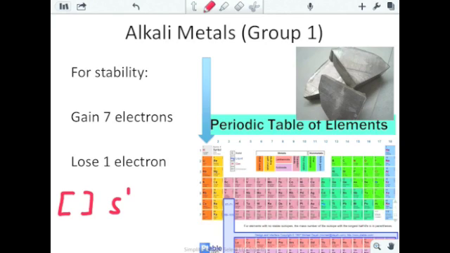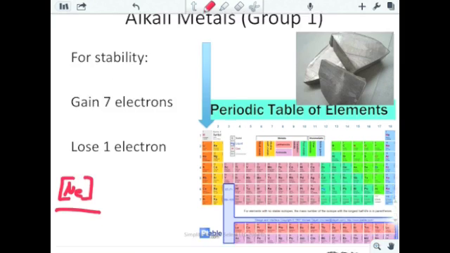For sodium, we have neon as the noble gas behind it, and then sodium is 3s1. So if you think about it, if it gets rid of that 1 electron, there you go, it's neon. It has 8 valence electrons.